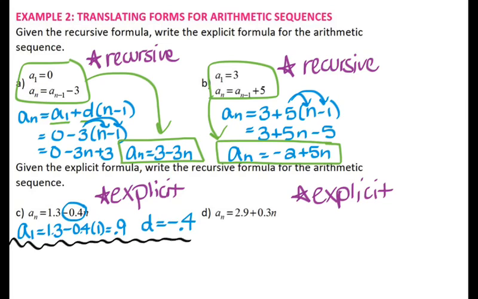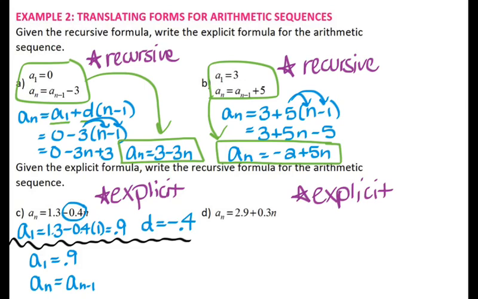Okay, so now that we have those two pieces of information, we can go ahead and write the recursive formula. Recursive formulas have two parts. You start by listing your first term, so a1 equals 0.9, and then you have the formula for the sequence. So a_n equals my previous term, which we write as a_(n-1), plus your common difference.